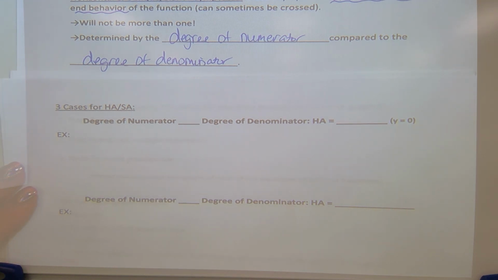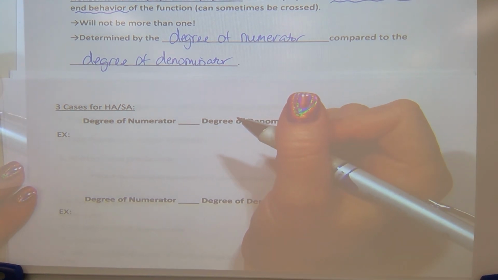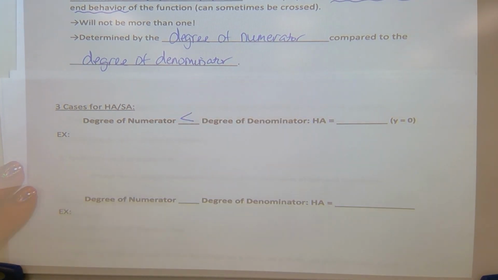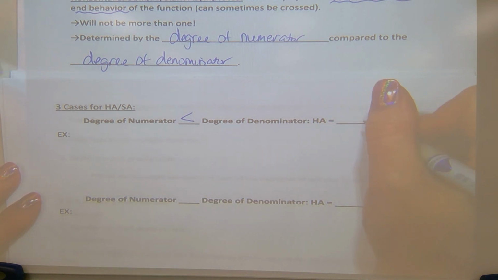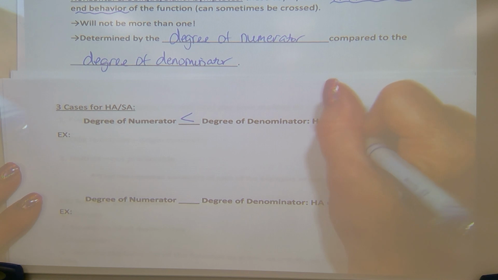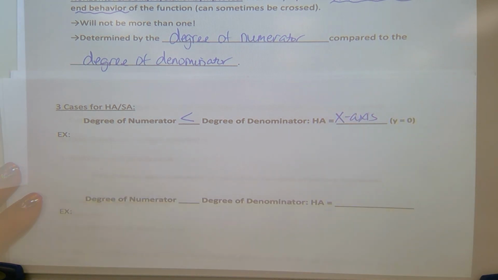If the degree of the numerator is less than the degree of the denominator, then my horizontal asymptote is equal to the x-axis. So the equation of that asymptote is y equals 0.